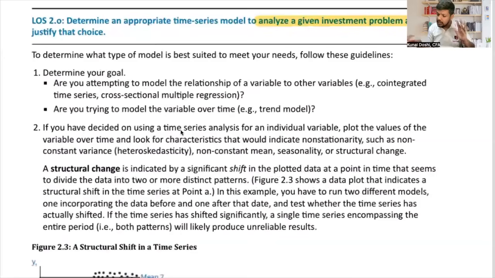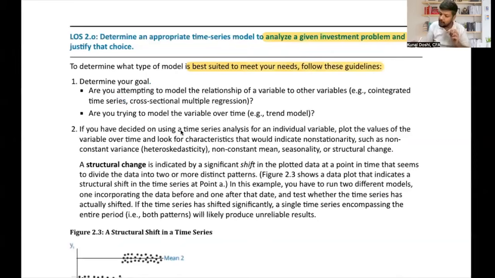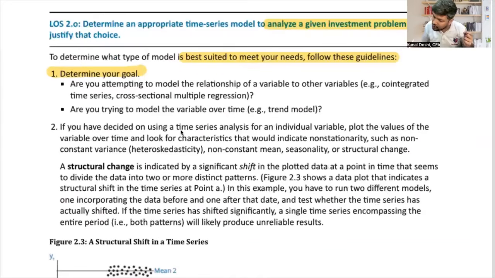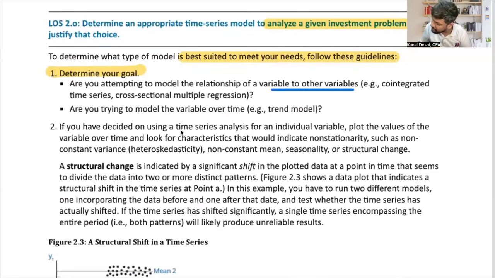Okay. So here, to determine which model is best suited for our needs, these are the 8 steps. Number one, first you need to ask what is the goal or the objective, because we saw various models, right? Trend, where we discussed linear and log linear, right? So are you attempting to model the relationship of a variable to its own past? This is where we use AR models, isn't it?